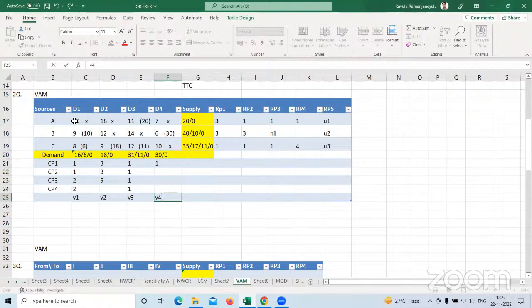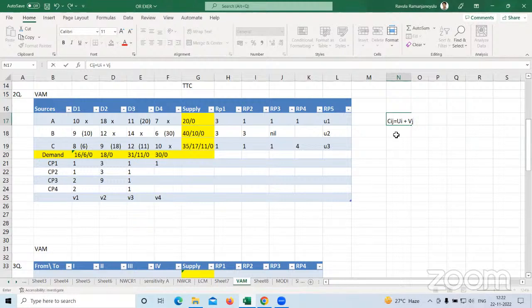Whatever cost is given to us is considered the cost of the cell, and we consider it in the formula as Cij equals Ui plus Vj, where U is the row, V is the column, and Cij is the cost of that cell.